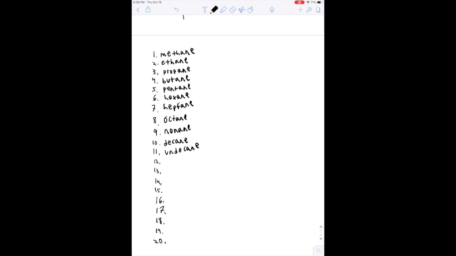undecane, meaning 1 plus 10, dodecane, which we used above, meaning 2 plus 10, 12, tridecane, 3 plus 10, tetradecane, and it becomes really easier after that.